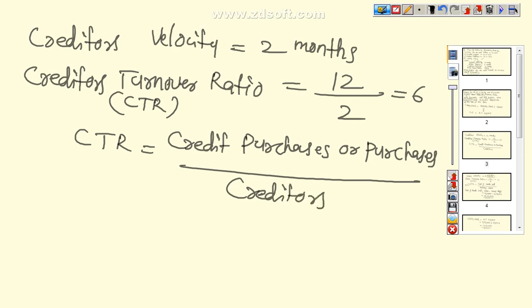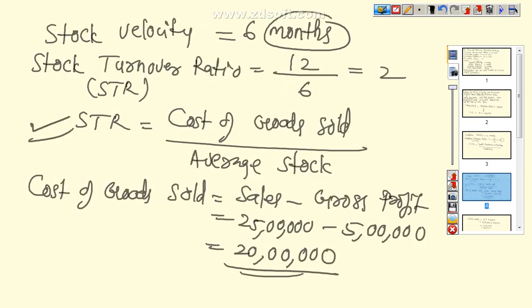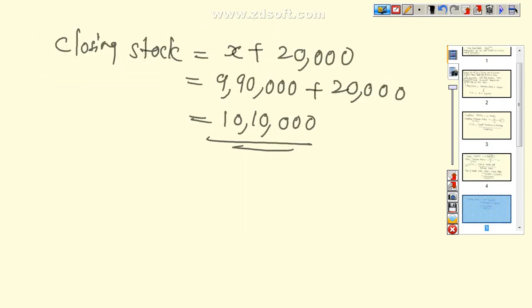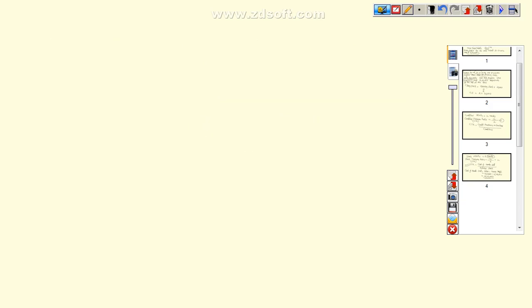So we know the value of CTR, we have calculated 6. We don't know credit purchases, we don't know creditors. Now, is there any way to calculate purchases? We know the value of cost of goods sold, that is 20 lakh. So another formula of cost of goods sold we can apply here.